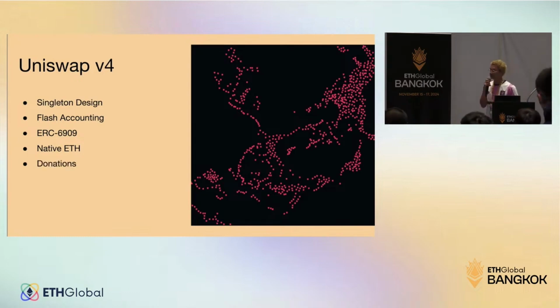There's a new thing in v4 called donations. It's related to liquidity provision, where you can donate revenue to in-range LPs. It's a mechanism possibly for value redistribution. So that's another interesting aspect of v4. And then the last thing with v4 is there are no fee tiers. You can have all sorts of different fees, like 4 basis points, 22 basis points.